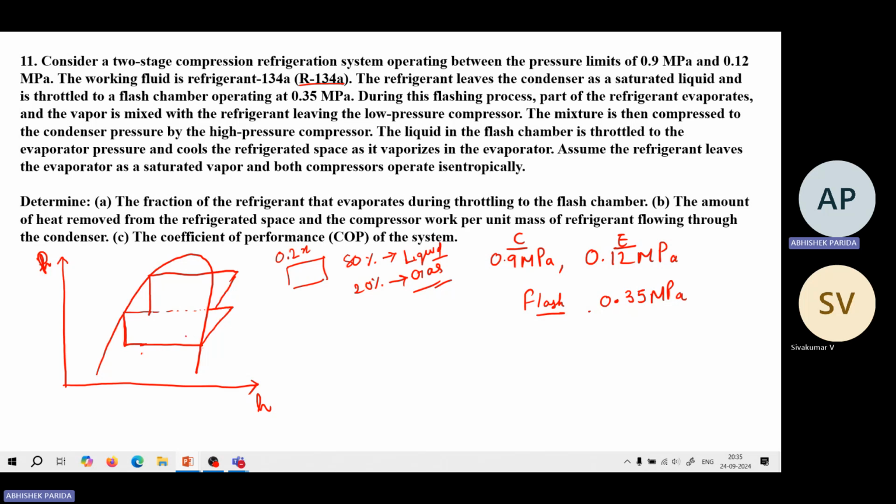It is the enthalpy of vaporization, hfg, that gives you the cooling effect here. So we don't need the gas. If we provide more energy to this gas, it will only go to superheated mode. Do you understand why we have a flash chamber?